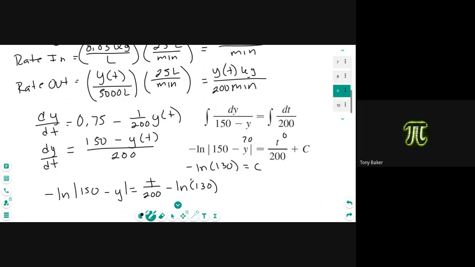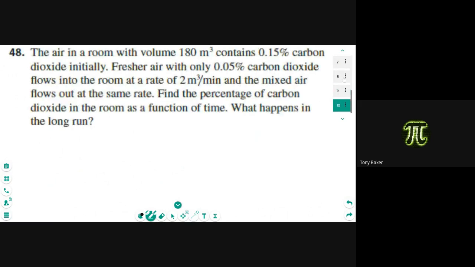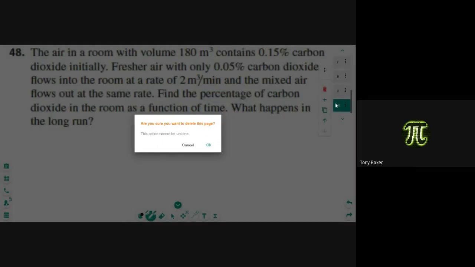The original question wants to know how much salt is in the water after 30 minutes, or a half hour. So we need to plug in 30 for T. What about the Y we've got there?